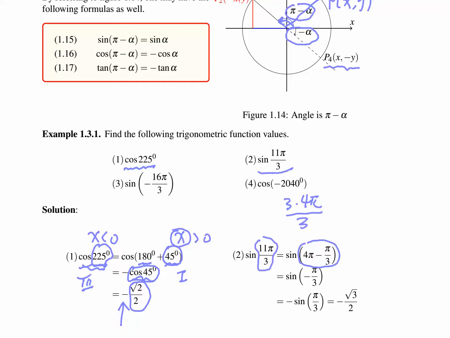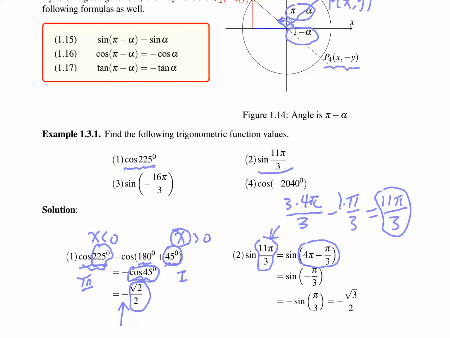If you cancel 3, you get 4 pi. And then minus pi over 3: 3 times 4 is 12 minus 1, so you have 11 pi. Then over 3, this will be the angle right here.